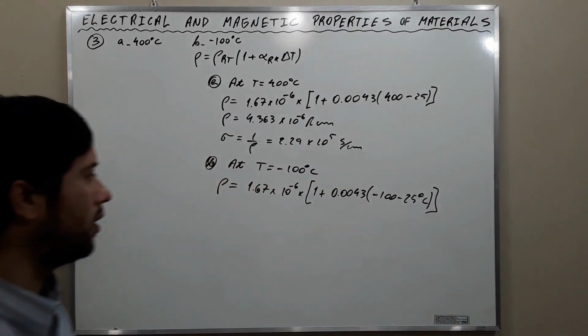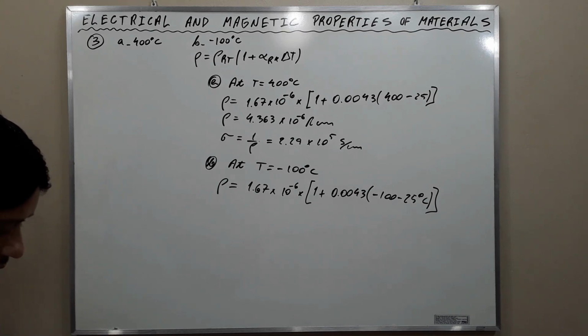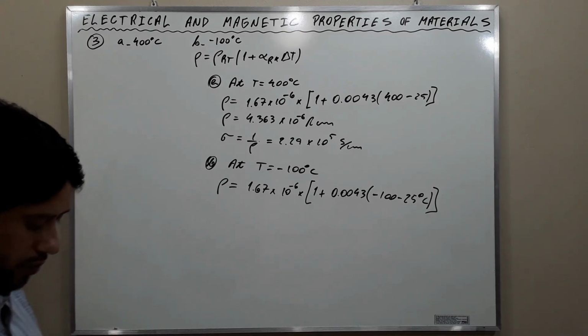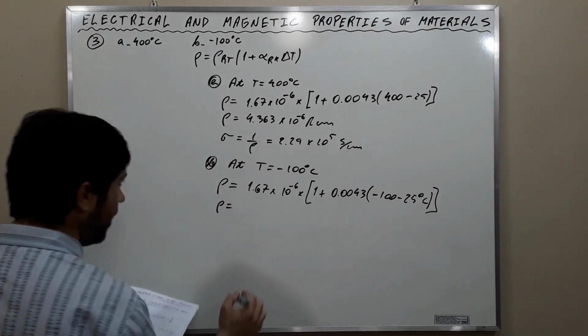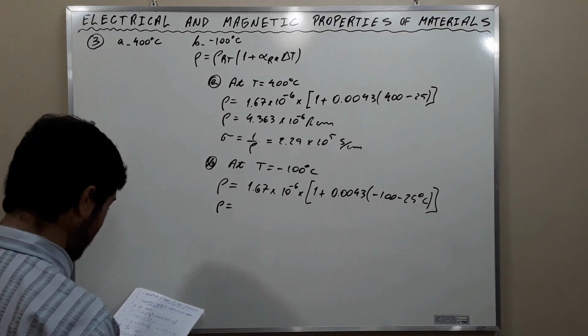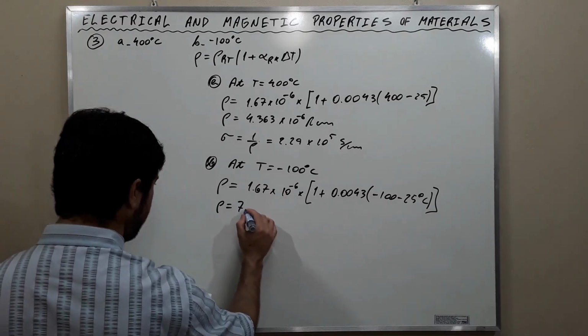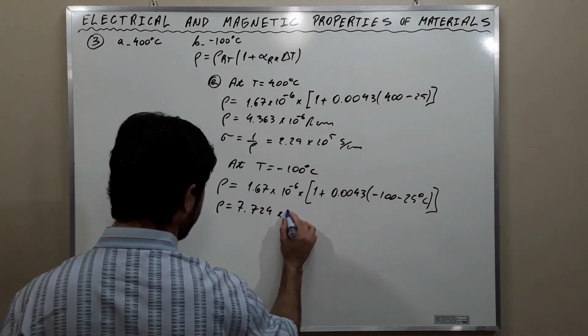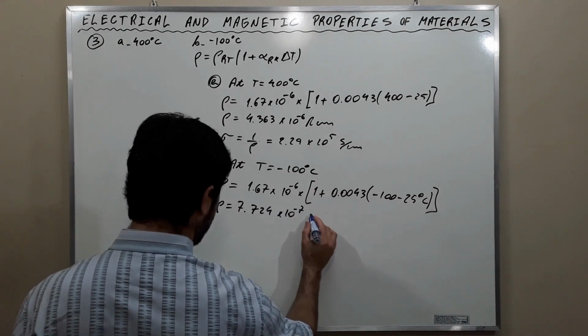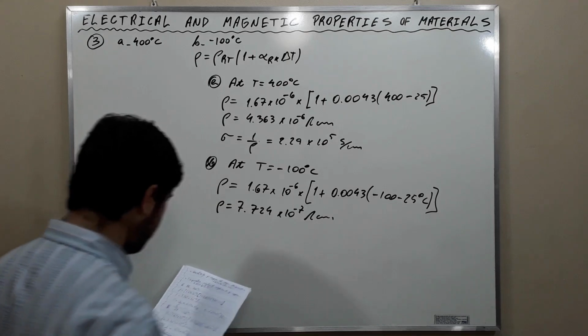We are calculating in Celsius. And by carrying out this multiplication here, we find that the resistivity at negative 100 degrees is 7.724 times 10 to the negative 7 ohm centimeter.